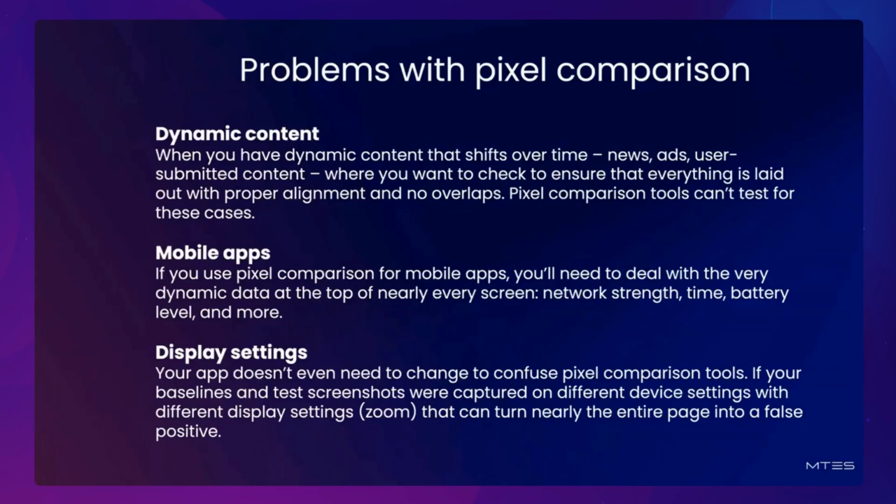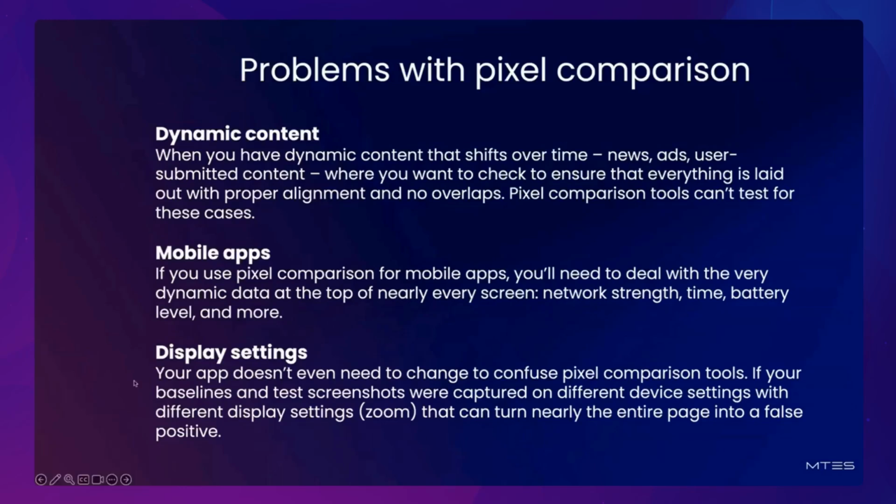Pixel comparison tools can't test for these use cases and will not provide you coverage for that area. So if you have dynamic content in your native mobile apps, that is not something that a pixel comparison tool can handle. And the typical recommended approach is to ignore the areas of the screen which actually have dynamic content.